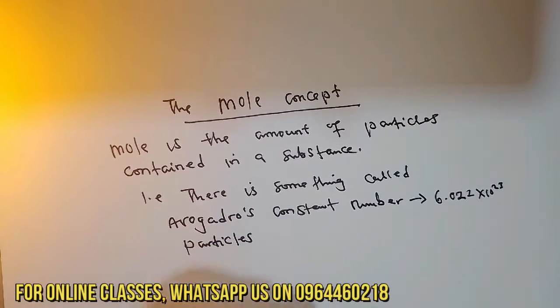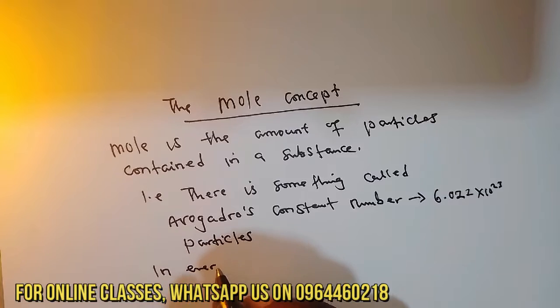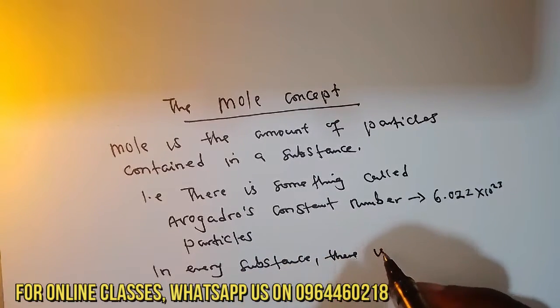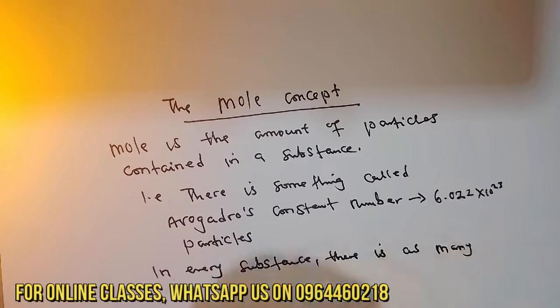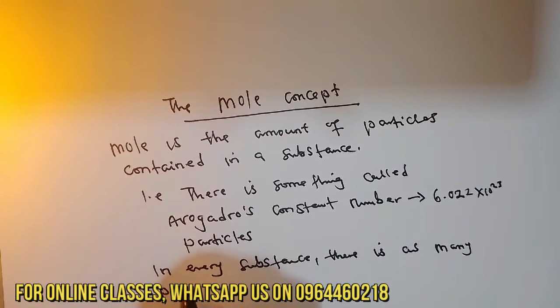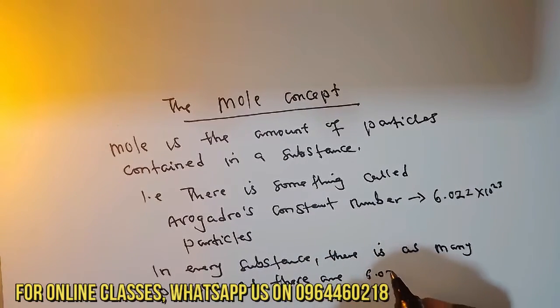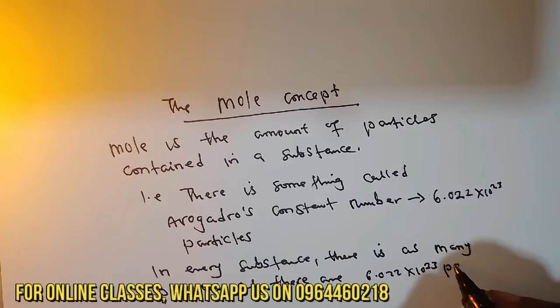So meaning that in every substance there is as many particles as there are 6.022 times 10 to the power 23 particles.